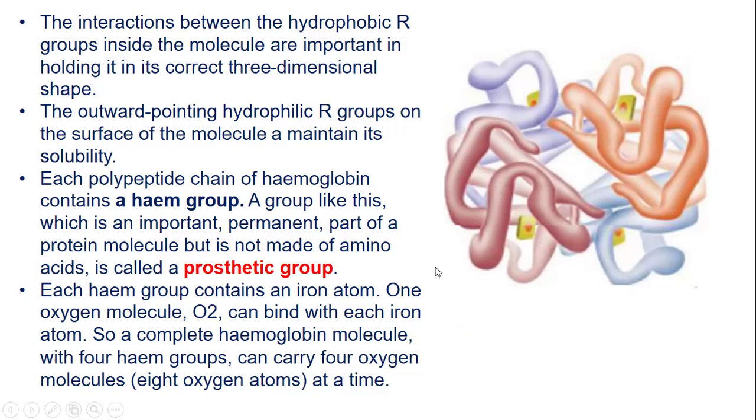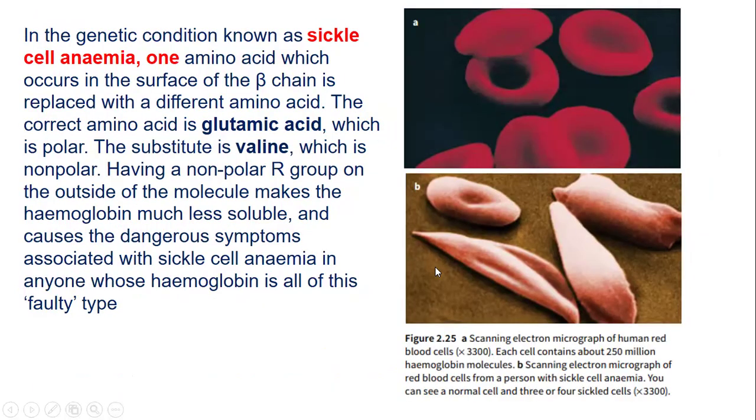So the polypeptides are made up of amino acids, and we have seen that the amino acids on the outside have to be hydrophilic, and the ones in the center have to be hydrophobic. Now, remember we saw that the primary structure of a protein is very important in determining its shape and how it's going to function, and it determines how the protein is going to be folded.